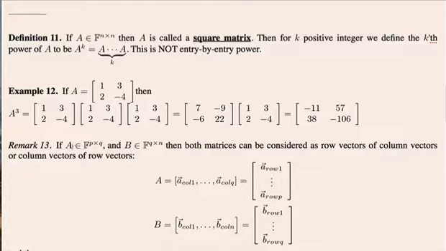If we have 2 matrices, for example, A is a P by Q matrix and B is a Q by N matrix, then these matrices can be considered as row vectors of column vectors or column vectors of row vectors. So if we have the A matrix, we can take the columns and put them next to each other, and that's the matrix.